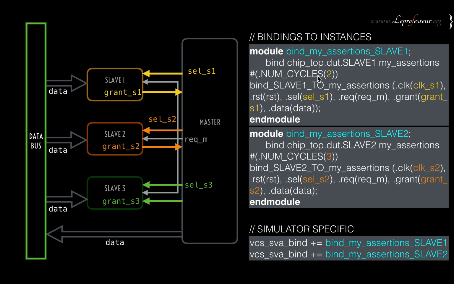Okay, so here, bind my assertions slave 1. I did write one module, so I have to give simulator instructions to compile that bind module. In Synopsys VCS we do it this way: VCS_SVA_BIND plus equal to the bind module name, and for as many different bind modules as I have, I just keep adding those.